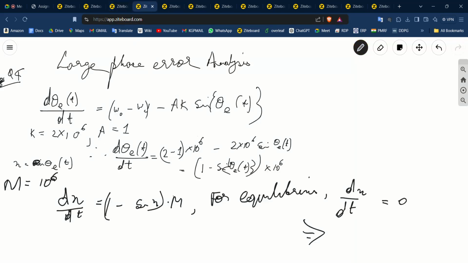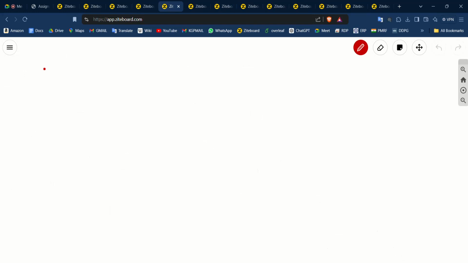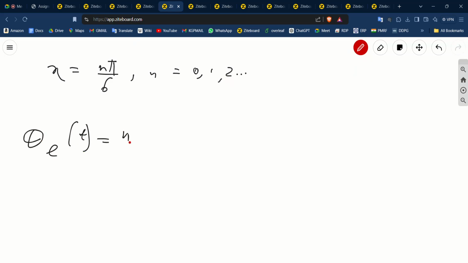This is 2, so 1 minus 2 sin x. So 1 minus 2 sin x is 0, or sin x is half. Sin x half means x equal to n pi by 6, where n equal to 0, 1 up to and so on. So theta e(t) equal to n pi by 6.